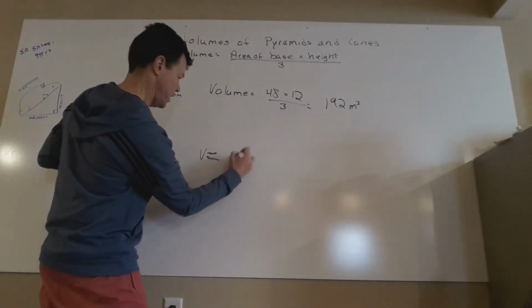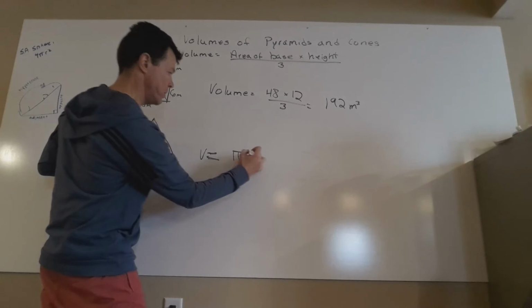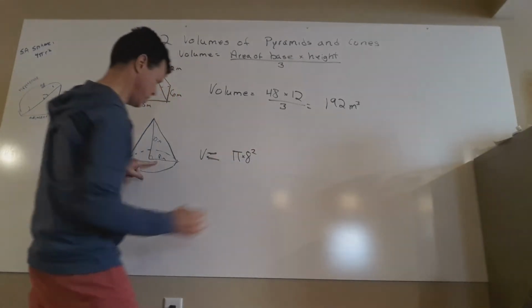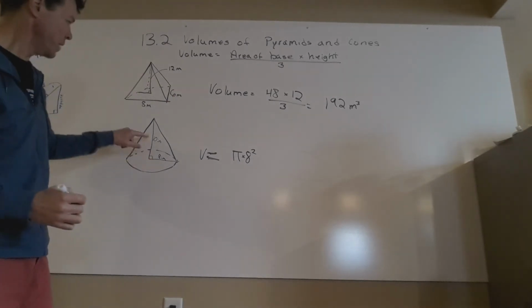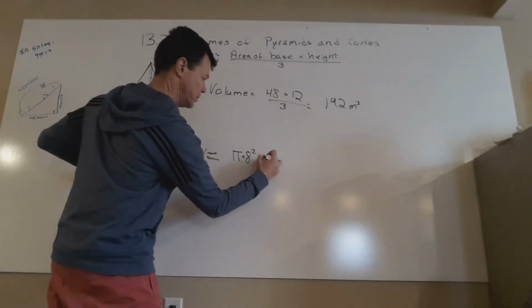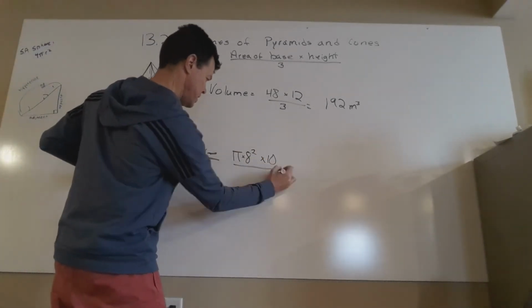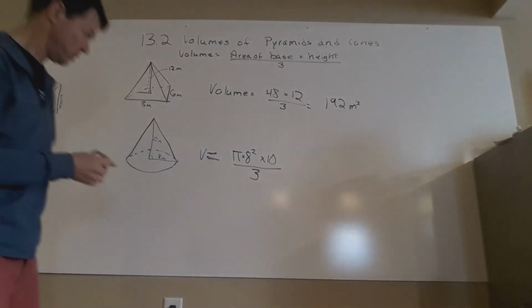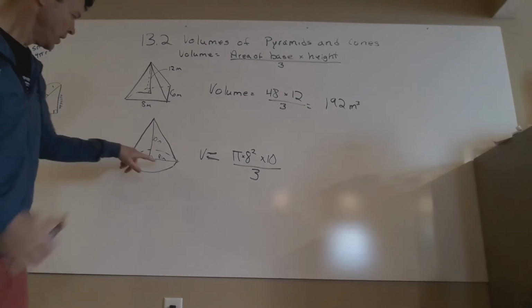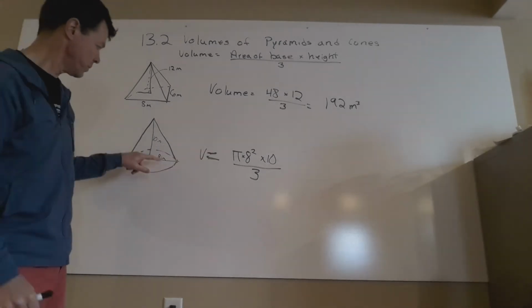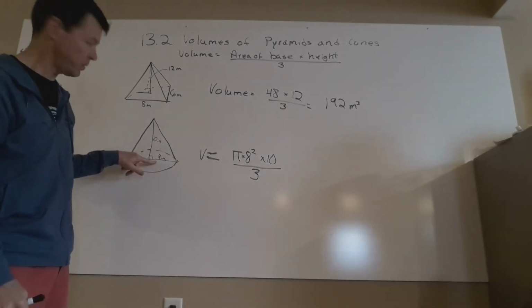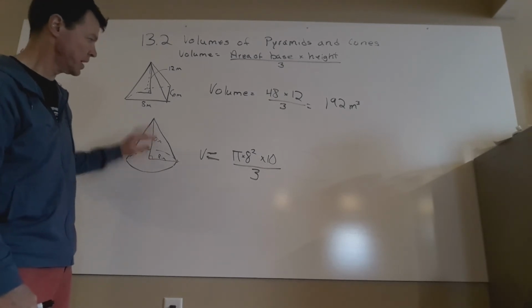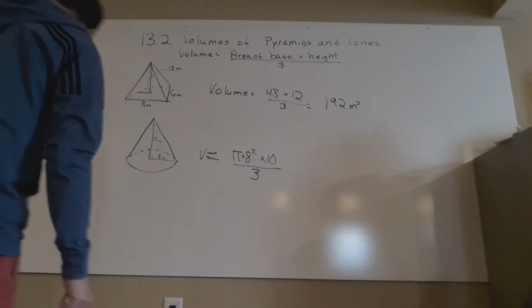So the base is pi times 8 squared, that's our base, times the height. Height is 10. And then we'll divide that by 3.